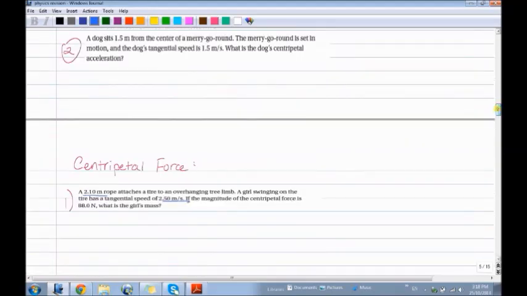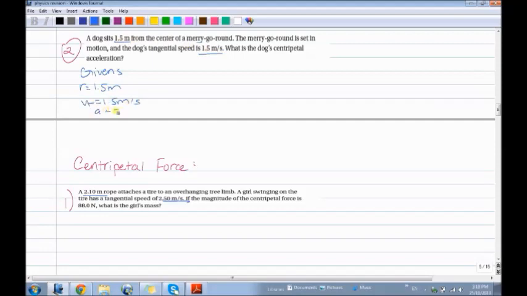Now, another one. A dog sits 1.5 meters from the center of a merry-go-round. The merry-go-round is set in motion, and the dog's tangential speed is 1.5 meters per second. What is the dog's centripetal acceleration? So now the givens are the radius, which is 1.5 meters, and the tangential speed, the Vt, which is 1.5 meters per second.